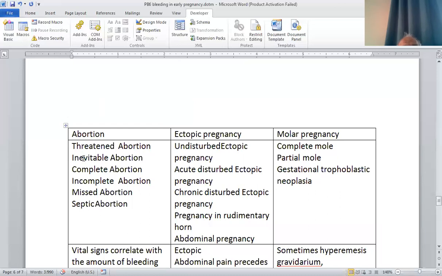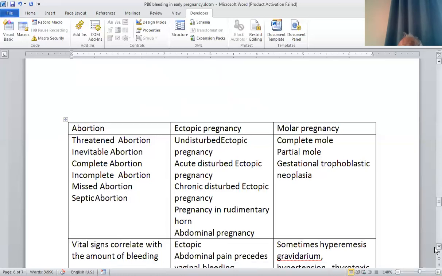In case of closed internal os, the fetus is dead. In complete abortions, the uterus is empty and closed, and smaller than the gestational age. In incomplete abortion, the uterus is less than gestational age and still open, and there is continuous bleeding. Missed abortion, the uterus usually is less than gestational age and the contents are dead. And septic abortion, any of the above conditions where the patient has fever.